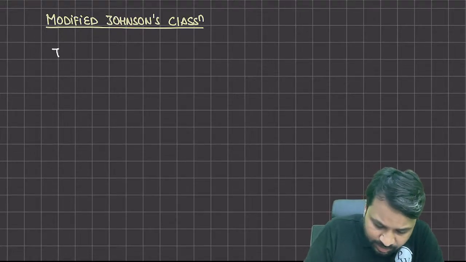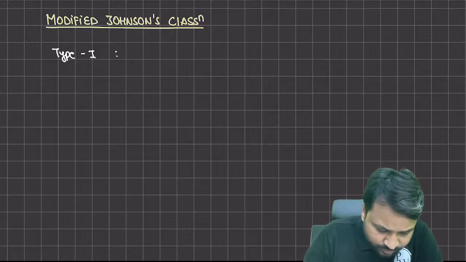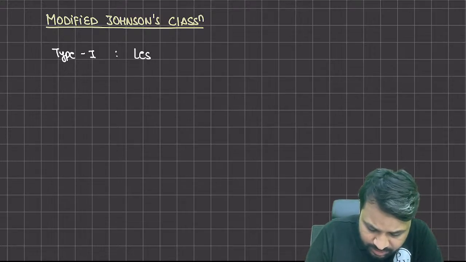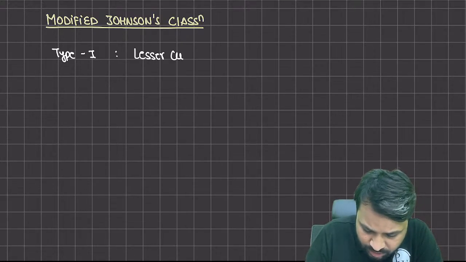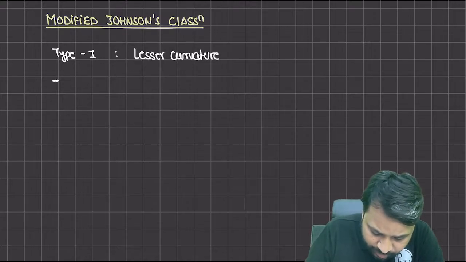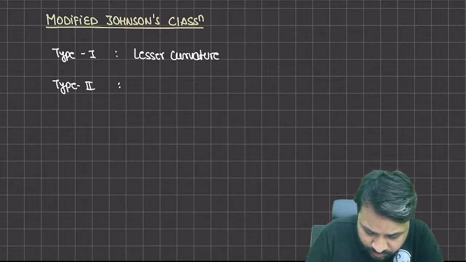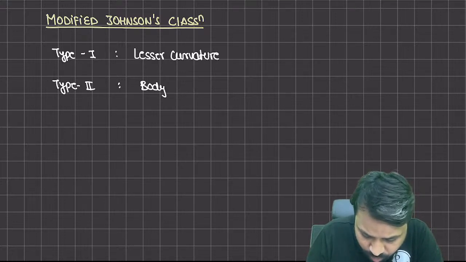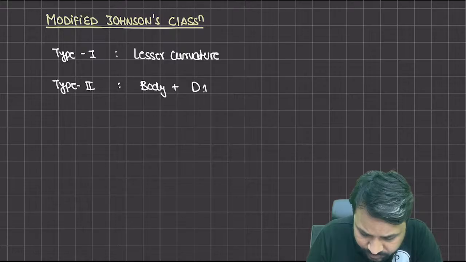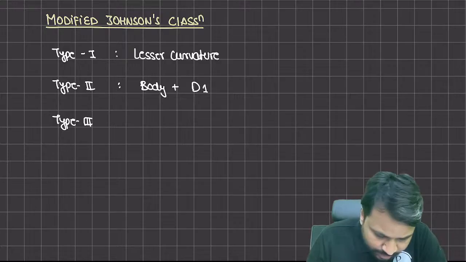I said the type 1 gastric ulcer is present on the lesser curvature. Then you have type 2 gastric ulcers. We said there are two ulcers: one on the body of the stomach, and another on the first part of the duodenum. Then you have type 3 gastric ulcer, which is pre-pyloric.